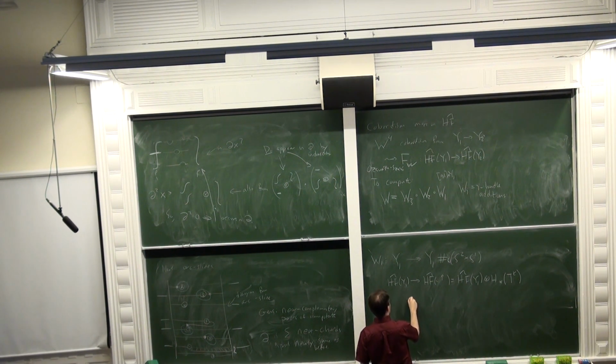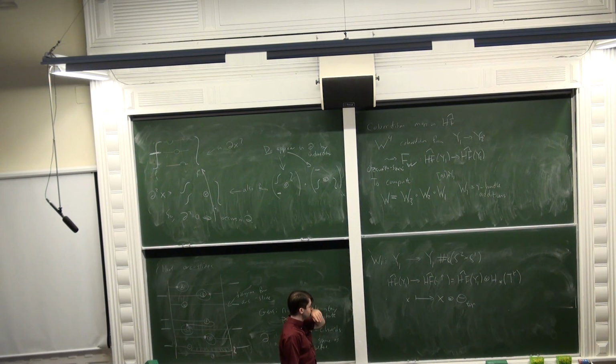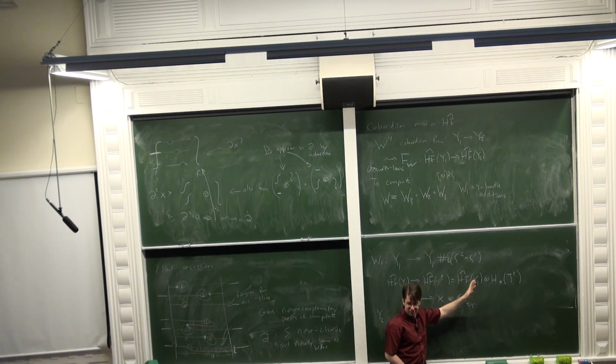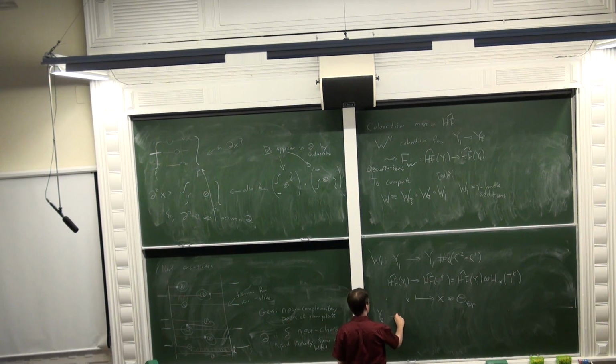And this just sends x to x tensor with the top graded generator of the homology of the torus. So that's easy to compute directly, with respect to this decomposition. Y2, this is the interesting one.